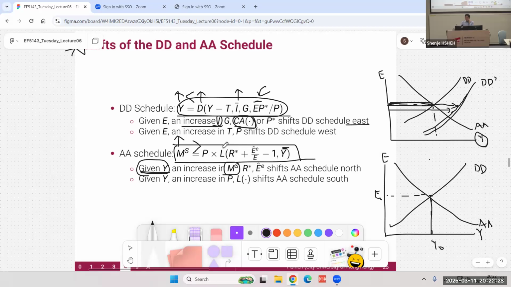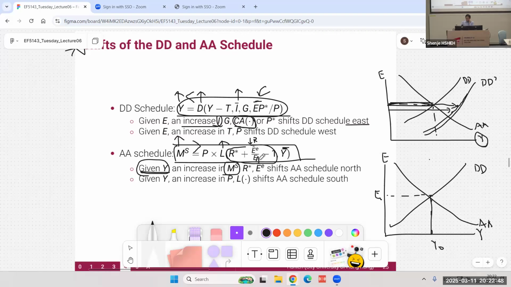It has to move in such a way that increases L, right? Because everything else is assumed constant. So how do I increase L? Well, I can decrease interest rates, R, but that would require me to increase E, right?